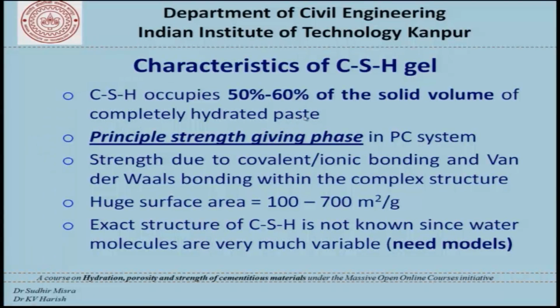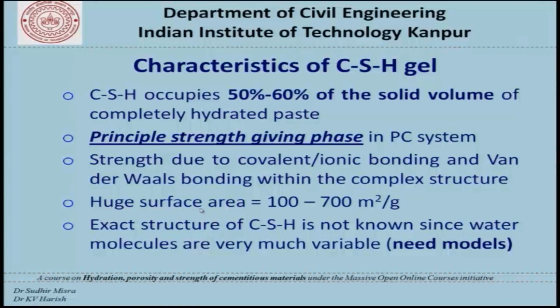And the importance of calcium silicate hydrate gel is that it is the principal strength giving phase for the Portland cement based paste systems, and the strength is primarily due to a combination of covalent or ionic bonding and van der Waals bonding within the very complex structure it has.